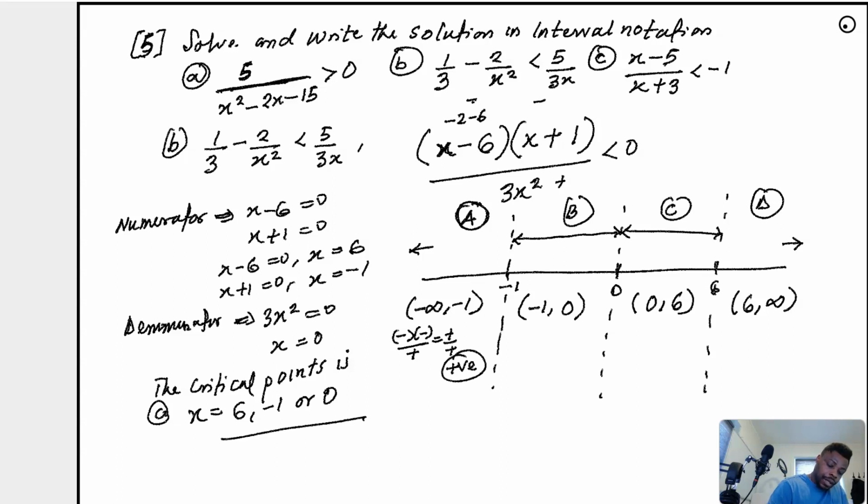Okay, let's pick a number between minus 1 and 0. Let's pick minus 0.5.